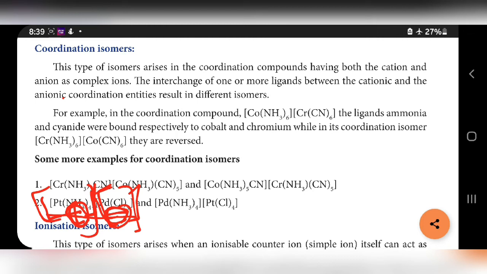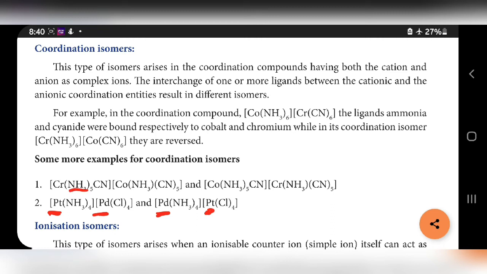The interchange of one or more ligands between the cationic and anionic coordination entities results in different isomers. See this example. One square bracket contains platinum, another contains palladium, with 4 NH3 groups and 4 Cl groups. Here palladium and platinum interchange their places, and you get this type of compound.